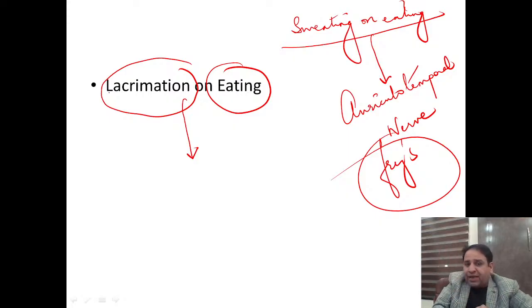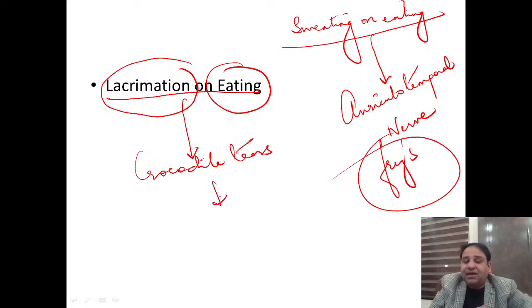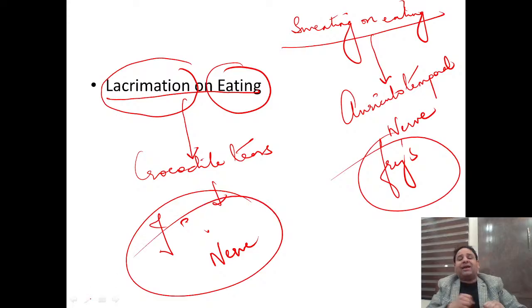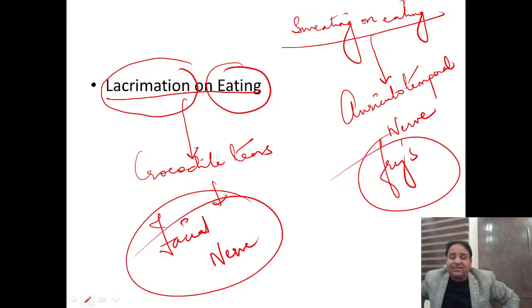But when we are talking about lacrimation on eating, that is called crocodile tears. Yes, that is called crocodile tears. These tears occur because of the facial nerve. So if someone is having lacrimation on eating, it is because of involvement of the facial nerve.